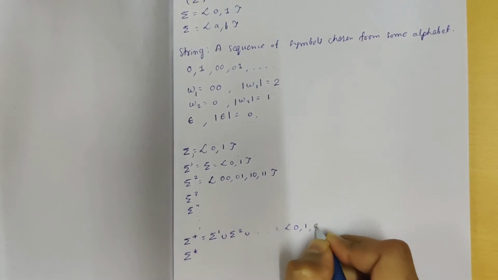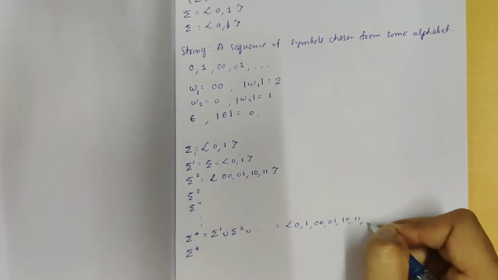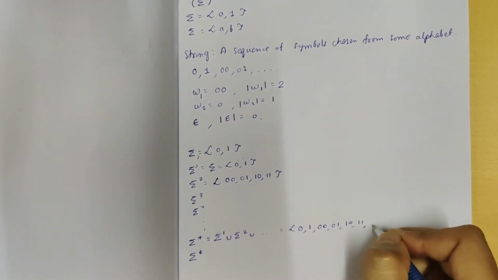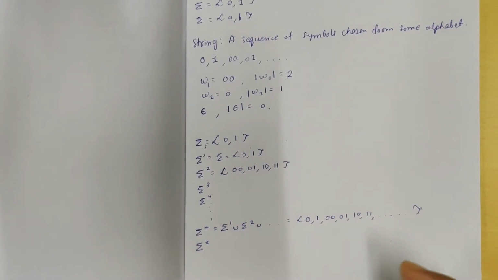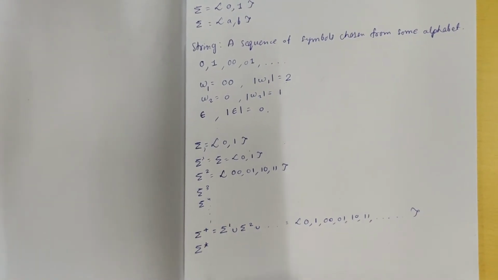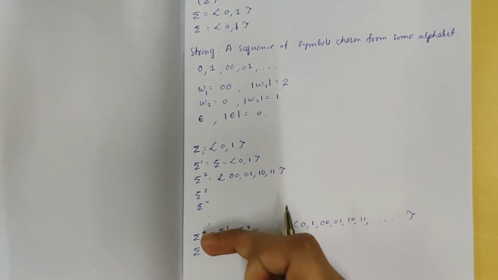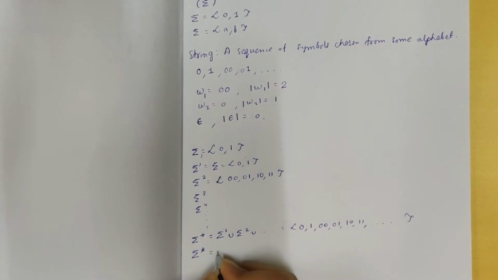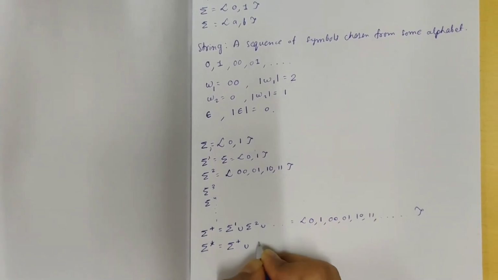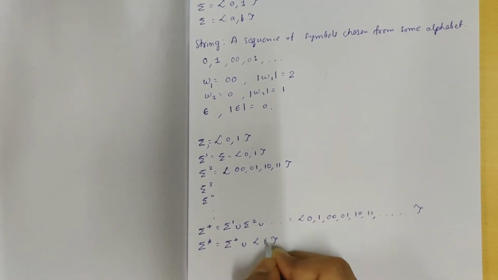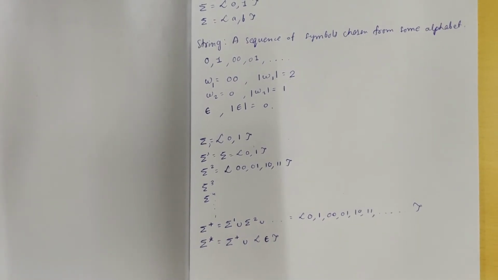So this is, as we can see, an infinite set. And the difference between sigma plus and sigma star is that for sigma star we take sigma plus and also take the union with epsilon. So this will also contain the empty string epsilon.